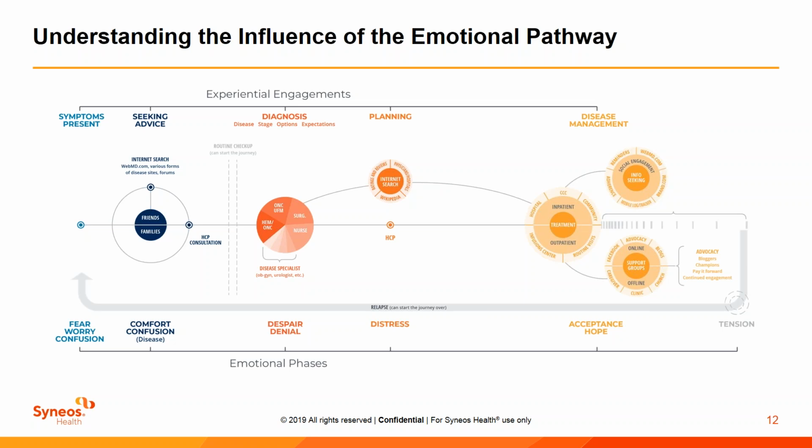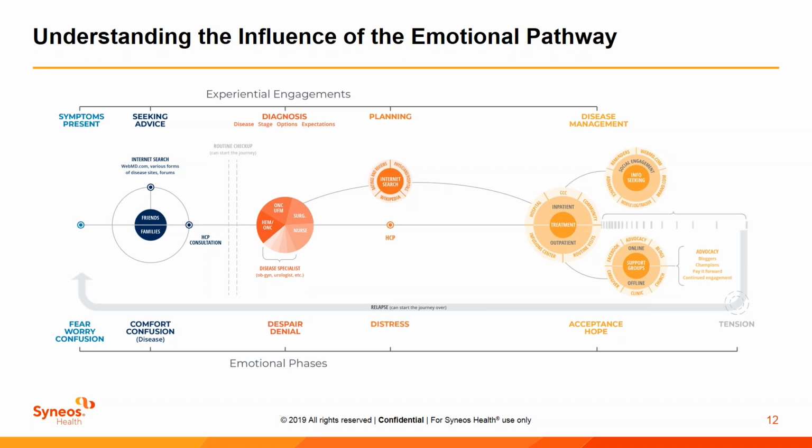For all of us on this call, we're somewhat lucky that we really have a better idea of where to start looking under these types of circumstances. Unfortunately, patients are not so fortunate. So while they may have started with the internet search with their friends, their families, by the time they reach a specialist physician, realizing that there might be something wrong, or it might be that they've had a routine checkup and they've questioned a particular symptom that they have, they may have all kinds of confusion and not really know what's truth versus fiction.